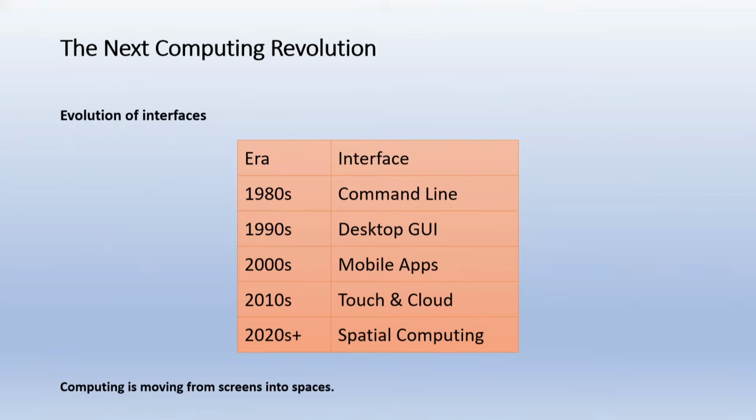Beginning in the 2020s, we have now moved into an era of what is known as spatial computing, and that has been enabled by the rapid growth in electronics as well as in display technologies, and that has enabled us to compute spatially rather than locally. So, computing is moving away from local screens to spaces, and that is what we call spatial computing.